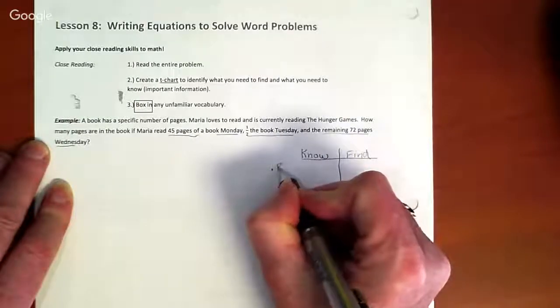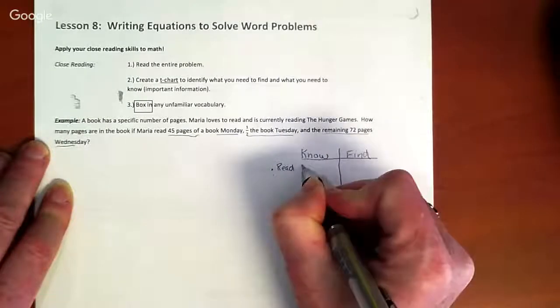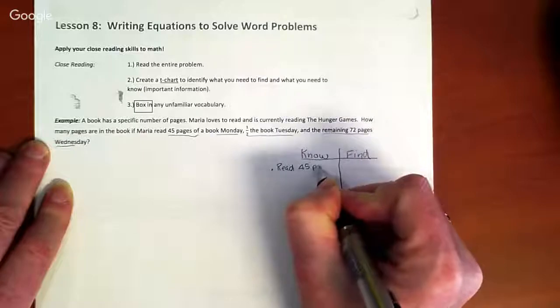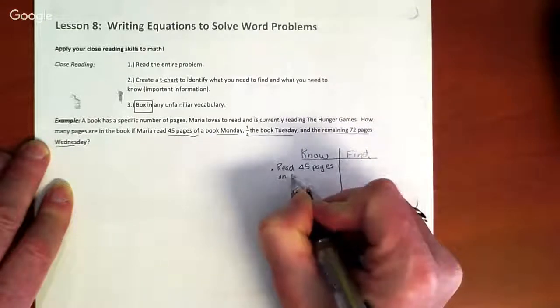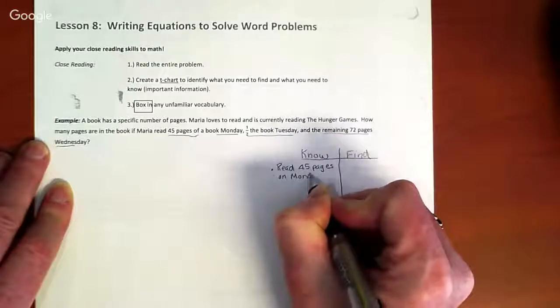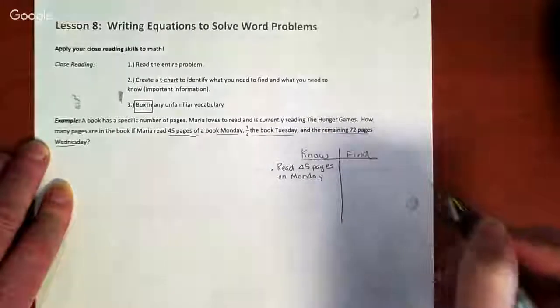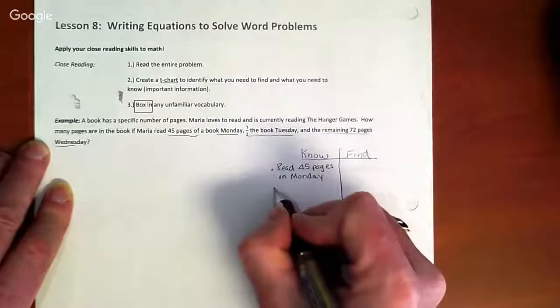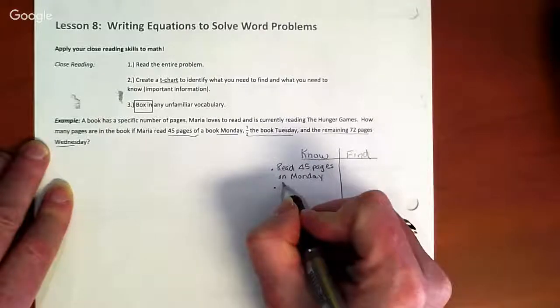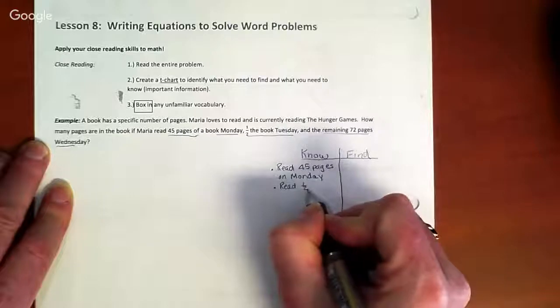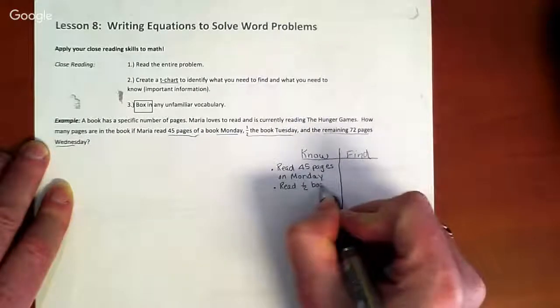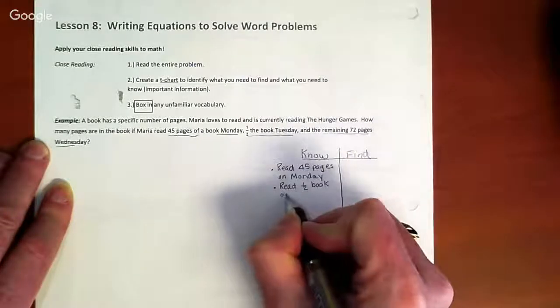Okay, so here, what we do know is that Maria read 45 pages on Monday. She also read half the book on Tuesday.